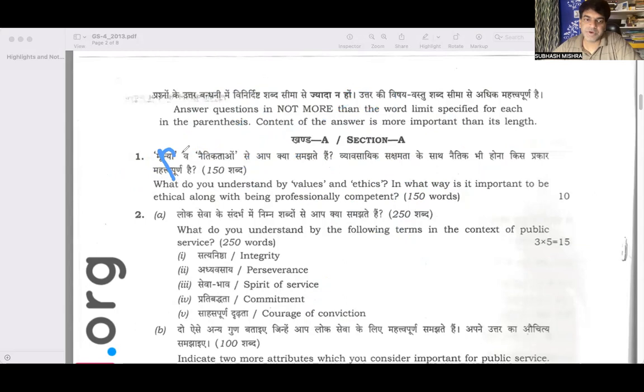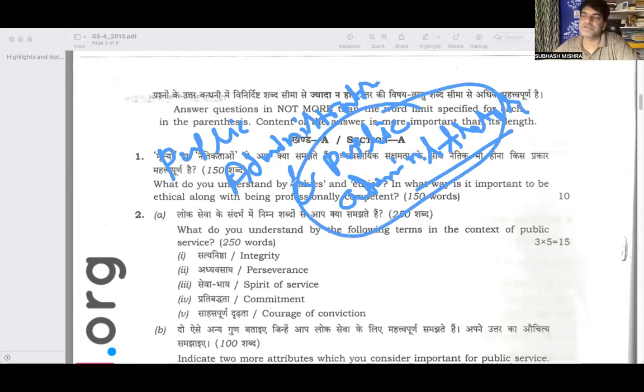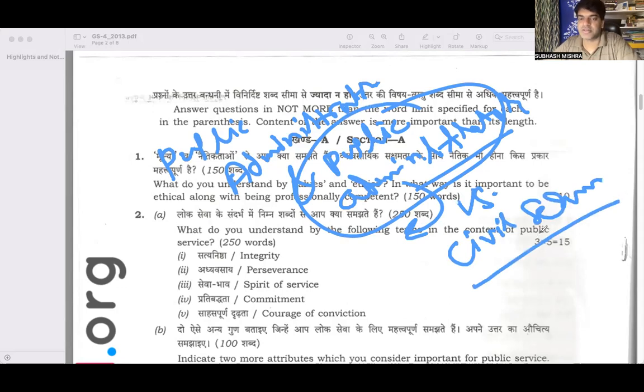Then you have public administration and public administrator. Write it like one word. And you have to actually prepare the meaning of public administrator. Who is the public administration? Whether it is civil servant, and what is the difference versus civil servant. So very basic questions you have to ask yourself.